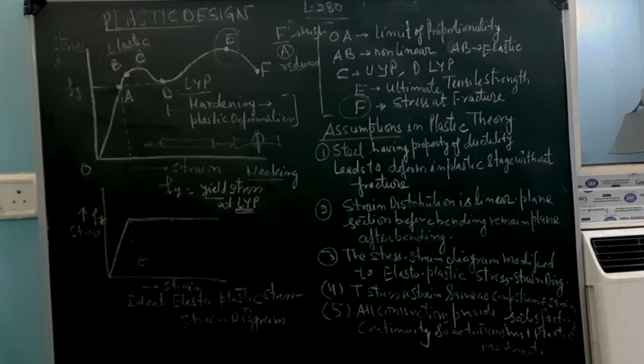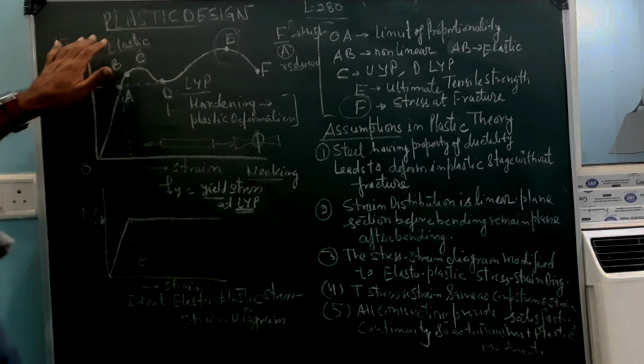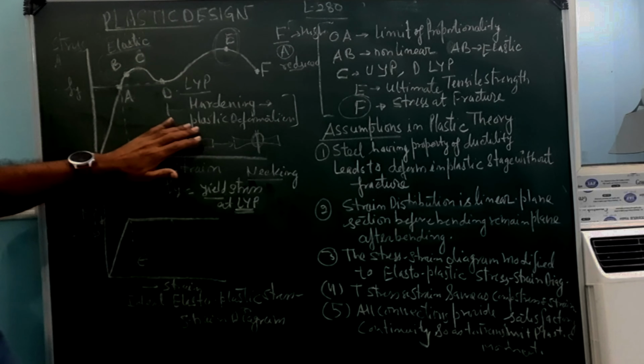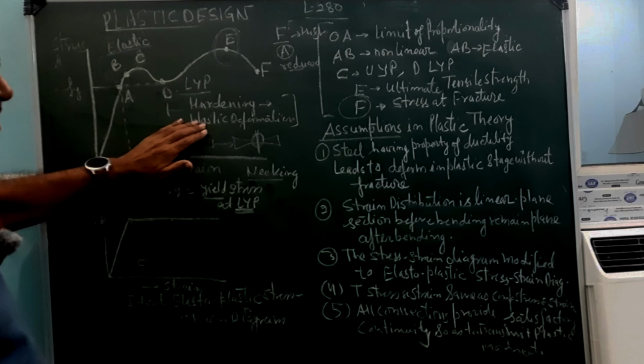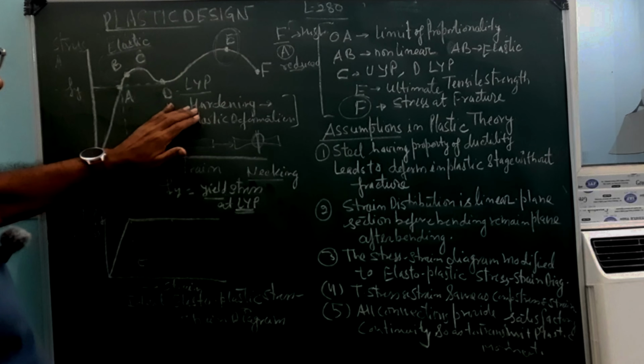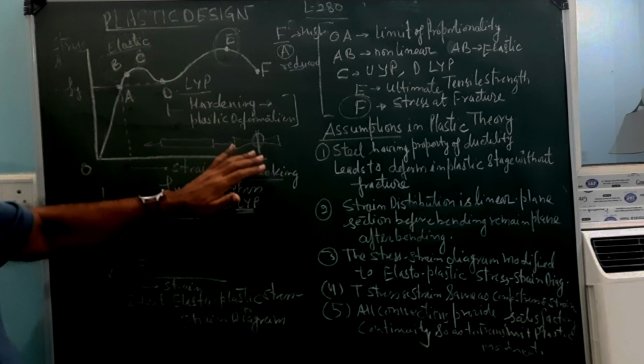We look over the collapse load which the steel can take, and the behavior of that steel is just like a plastic. So that is the plastic design: the method in which the plastic deformation and strain hardening of steel is considered.